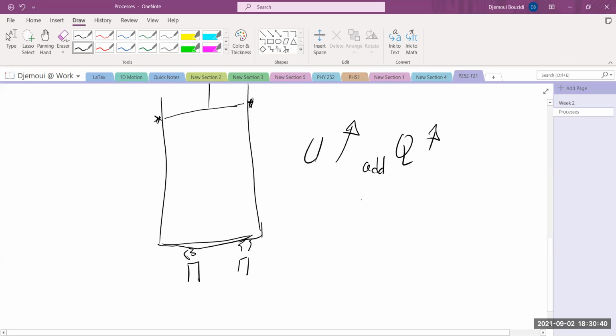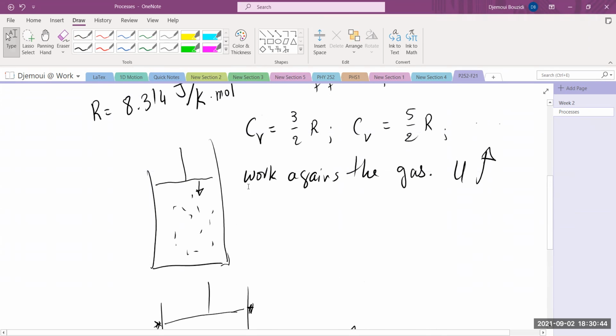The reverse of these two processes will result in the opposite. So if instead the gas expands, then it's going to do work against the environment. It must cool down because that energy must come from somewhere. Imagine with me that somehow the piston is moving against the surrounding environment, okay?